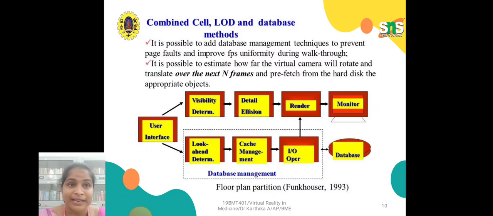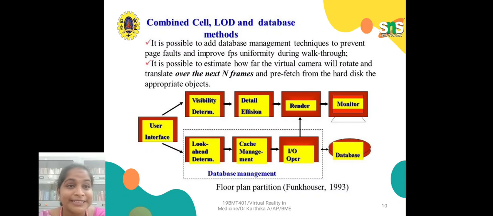See the combined cell, LOD and database methods. It is possible to add database management techniques to prevent page faults and improve FPS uniformity during walkthrough. It is possible to estimate how far the virtual camera will rotate and translate over the next n frames and prefetch the appropriate objects from the hard disk. See here the user interface, visibility determination and look-ahead determination.